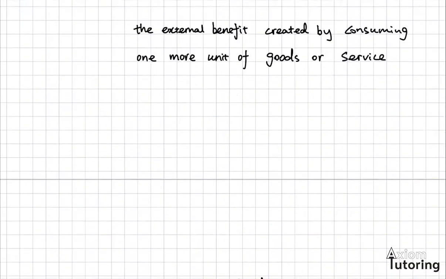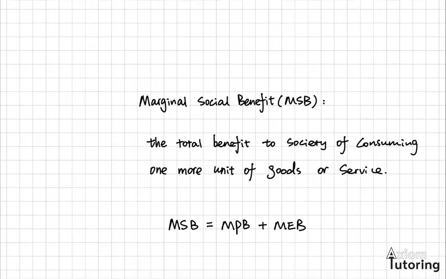And marginal social benefit is the total benefit to society from consuming one more unit. And it is the sum of marginal private benefit and marginal external benefit. So marginal social benefit includes the consumer's extra benefit plus the extra benefit to everyone else.